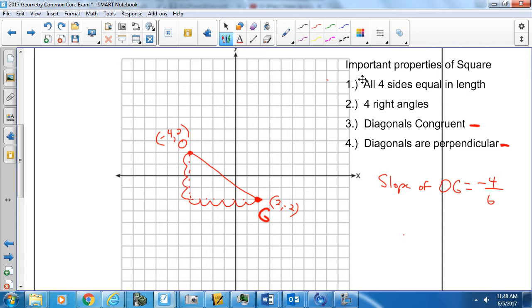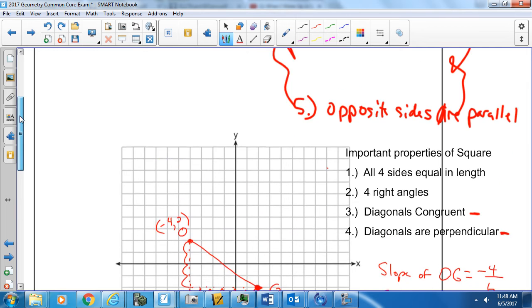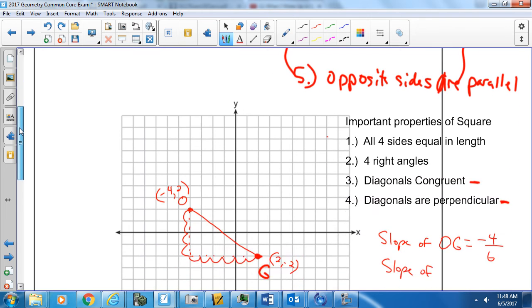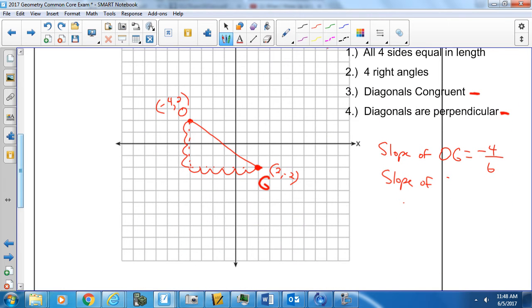All right. So that means the slope of the other 2 points, because that's what we're trying to do, find the other 2 points. The slope of EM has to be the negative reciprocal. So the slope of EM is equal to 6 over 4. All right? So that's something to help us out.